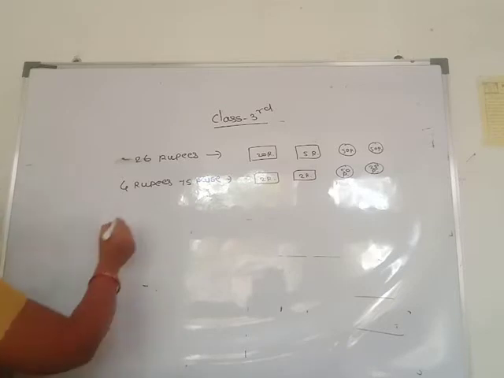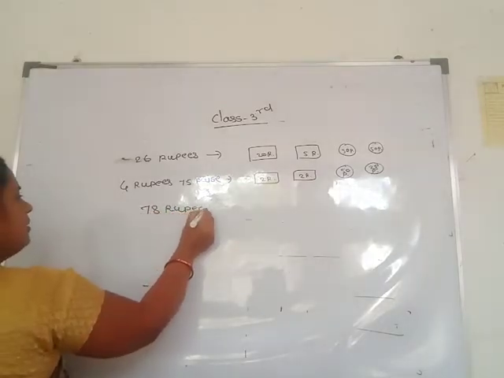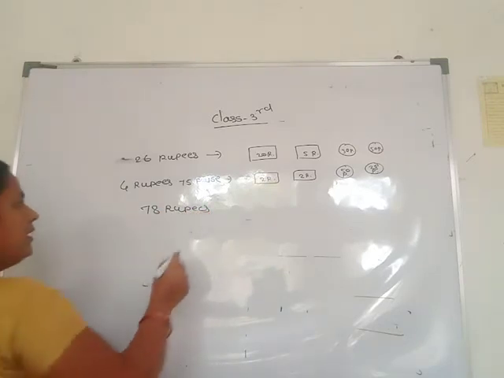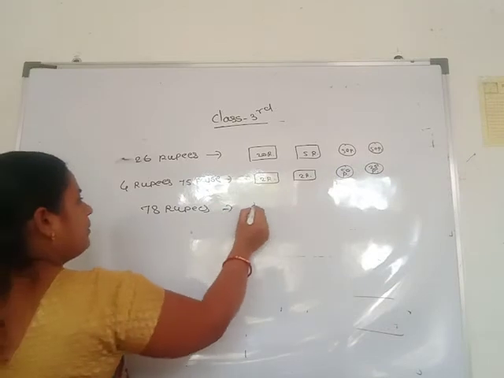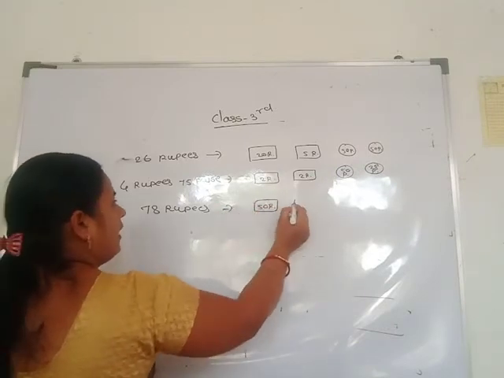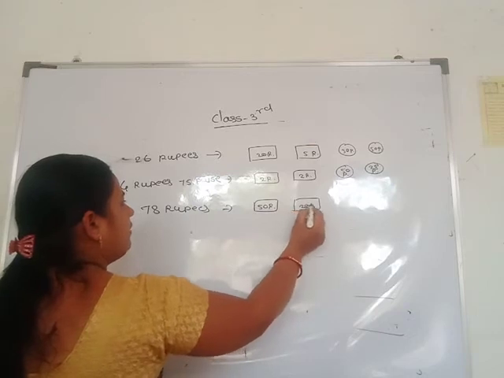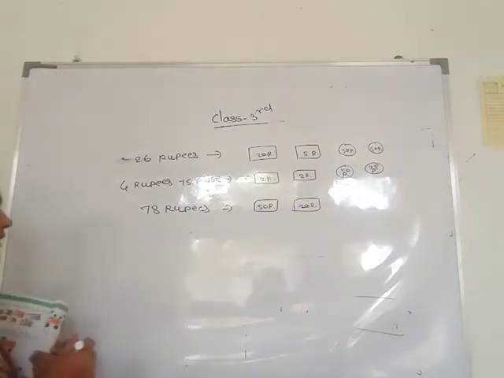Then 78 rupees. You take one 50 rupees note, and one 20 rupees note: 50 plus 20 is 70.